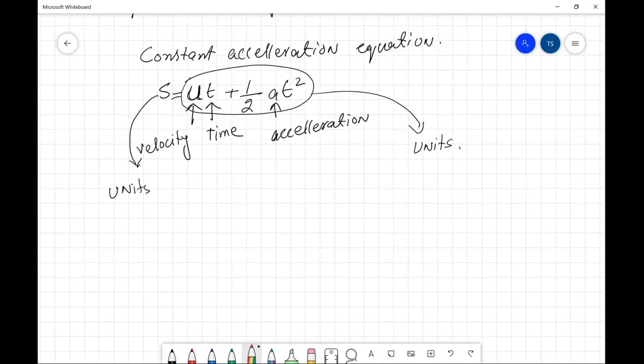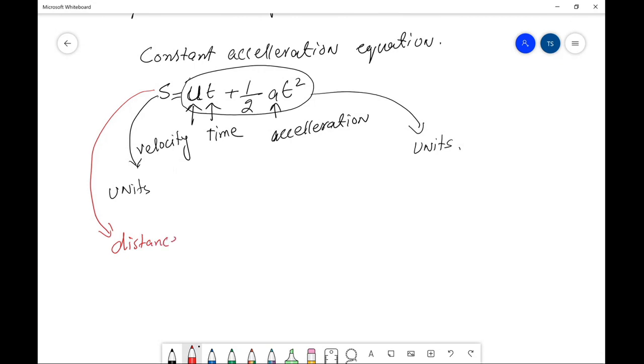Let's observe. Talking about the units, s is a distance, and in the System International or SI unit, it should be measured in meters. So the ultimate answer from the right hand side should also result in meters.